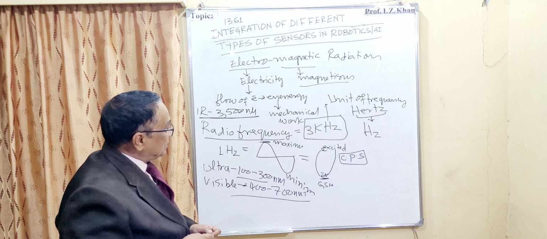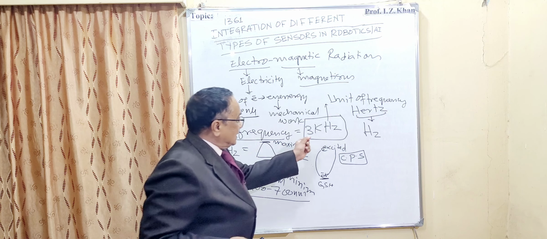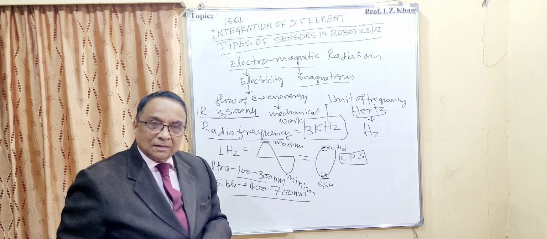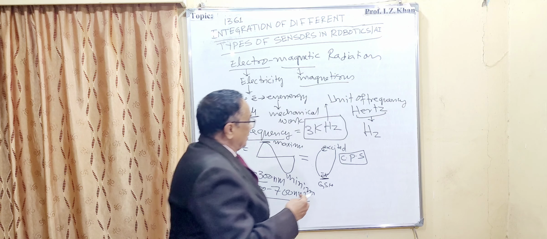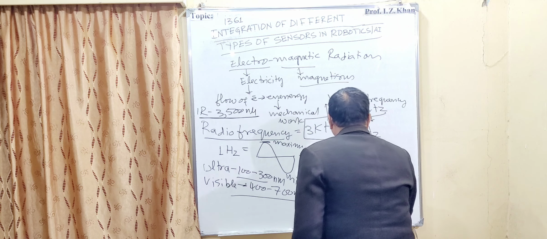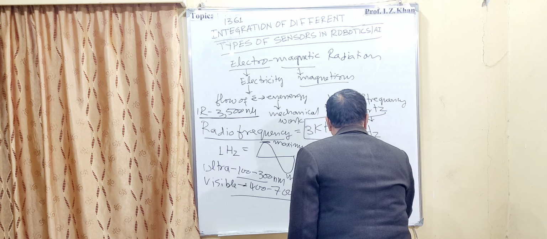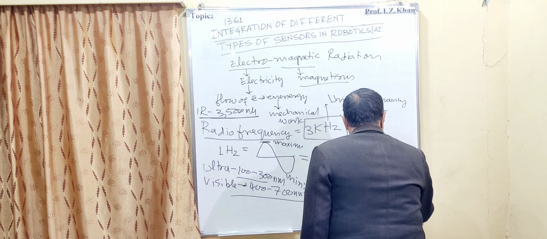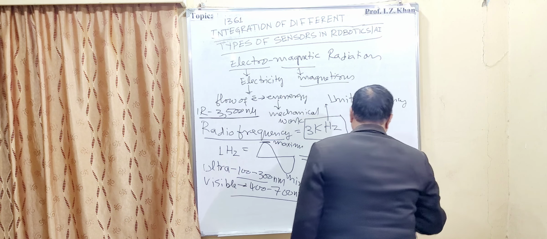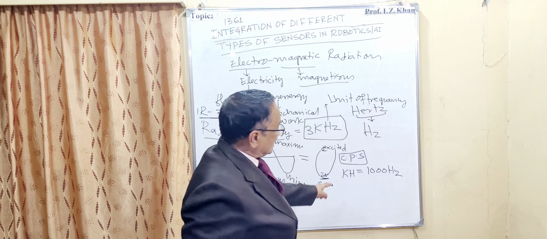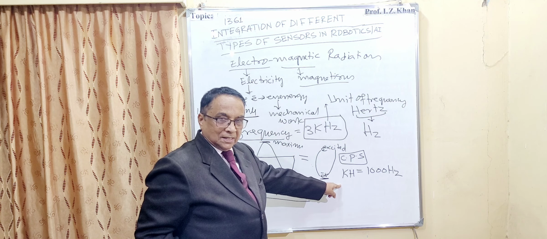So some frequencies are like this, that it is 3 kilohertz, means 1 kilohertz is equal to 1000 hertz. 1000 hertz is called kilohertz.